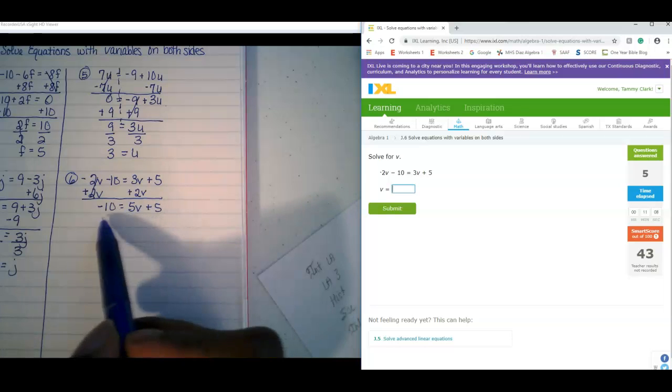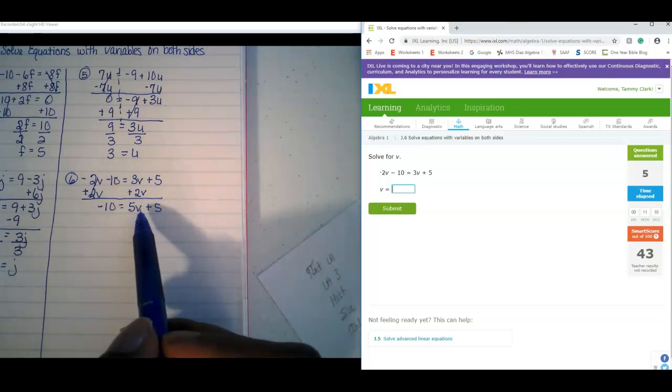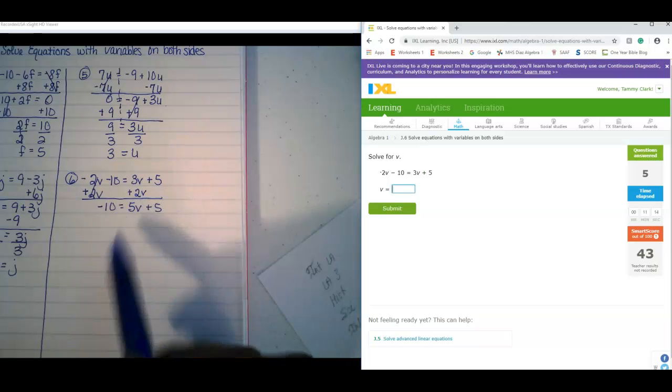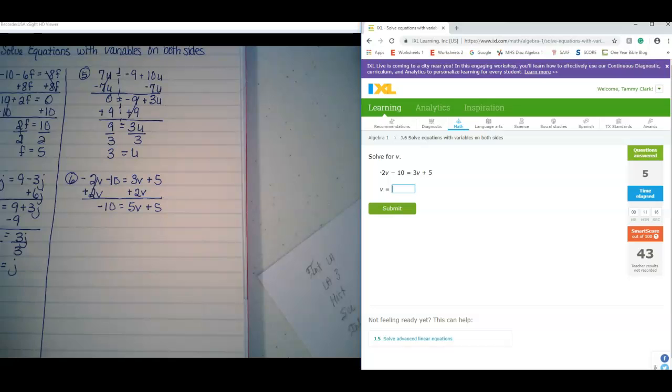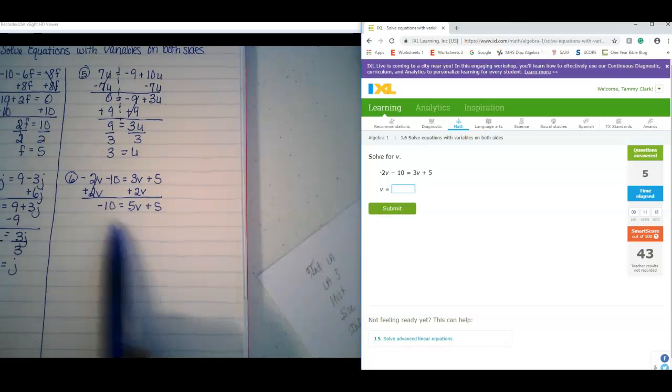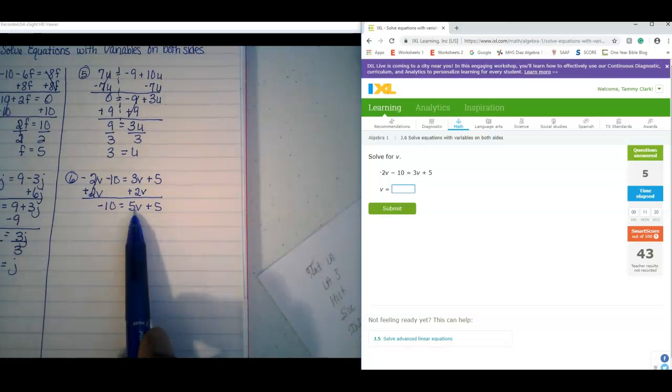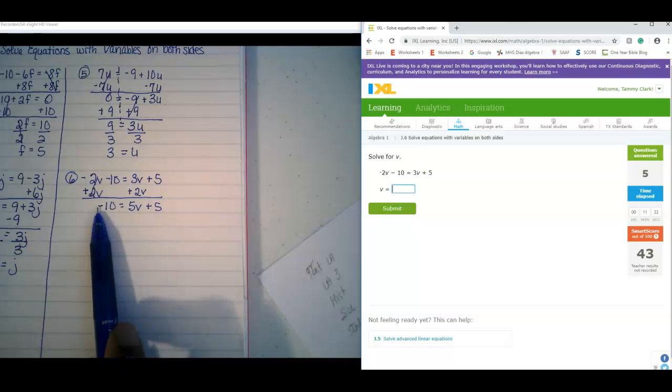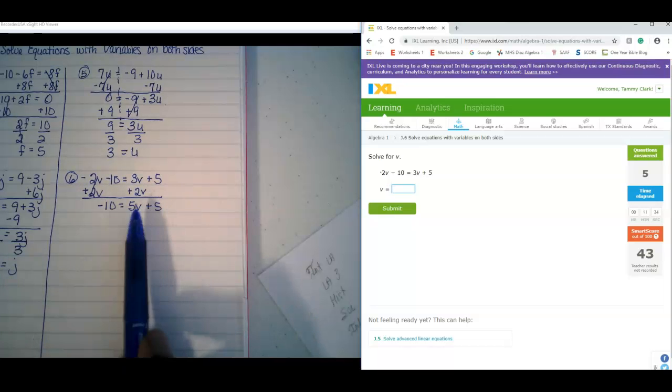So I'm already done with the variable term or algebraic term. Now here's my hint for you. When you have multiple terms, once you get down to one algebraic or one numeric term, do not continue to move it back and forth. So like, oh, I have 5v, I'm going to put it over here. No, I don't want it over here. Put it over there. No, I don't want it. So since I have just one algebraic term, I'm not going to touch it anymore.